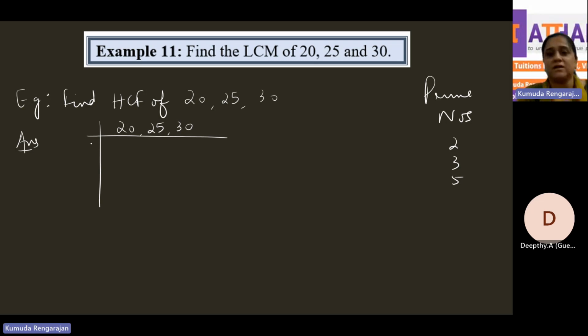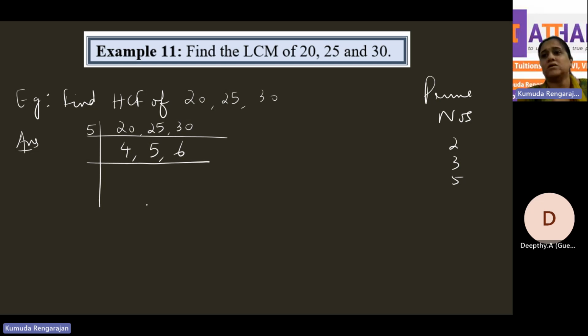So tell me, are all the numbers divisible by 2? No. Are all the numbers divisible by 3? Are all the numbers divisible by 5? Yes. So you have to take 5. 5 4s are 20, 5 5s are 25, 5 6s are 30. Now you can further divide, but are all the numbers divisible by the same prime number?